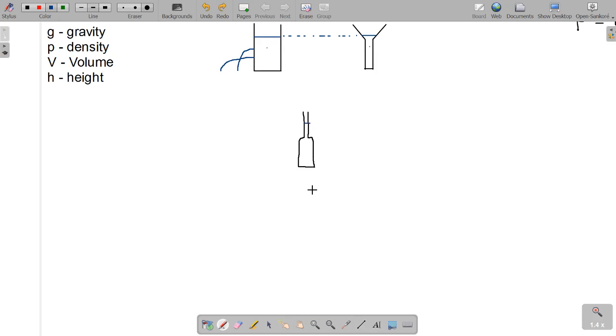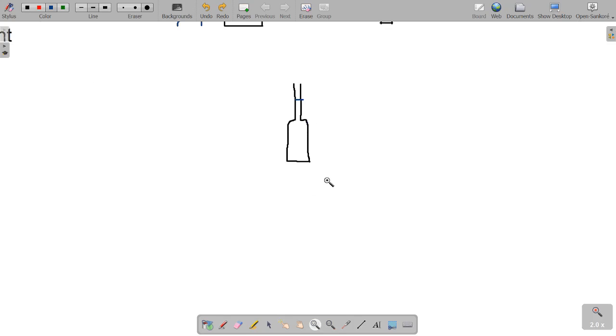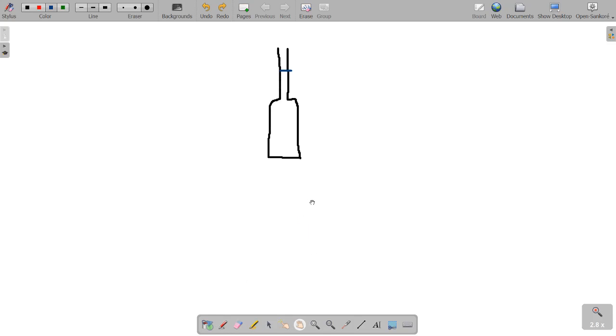So let me zoom in a bit. Here, the water exerts a pressure along this area on this ceiling part, upward.